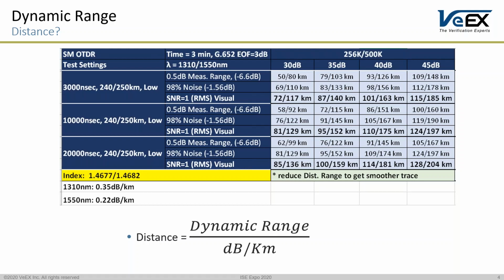In reality, there are going to be a lot of events in the fiber, and these will impact how far your distance can go. But if you want to calculate the distance itself, there's the distance calculator: dynamic range divided by your dB per kilometer.